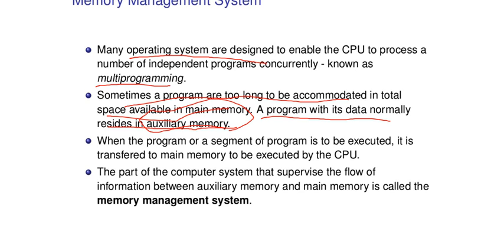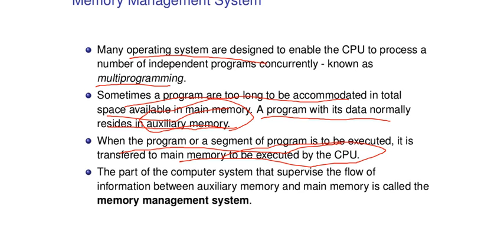So in this type of system, the operating system keeps track of the program which is to be executed and transfers this part of the program to the main memory so that it can be executed by our CPU.